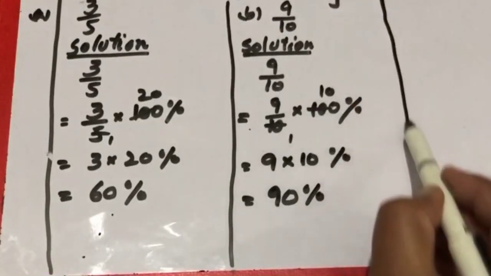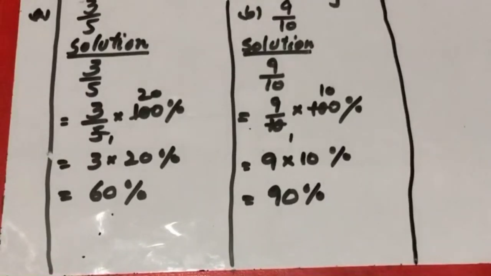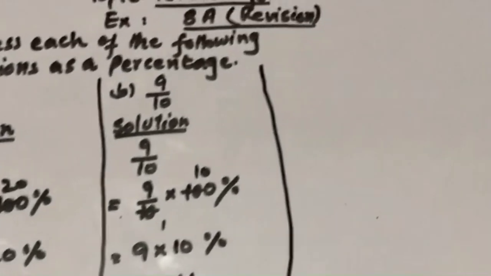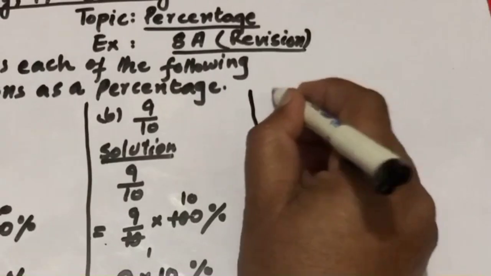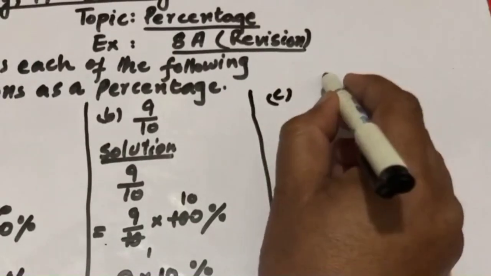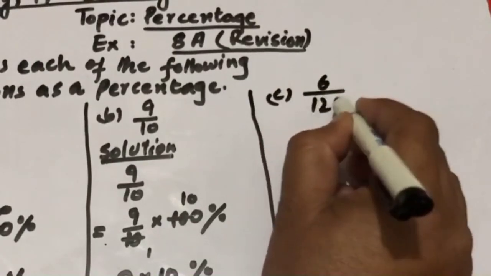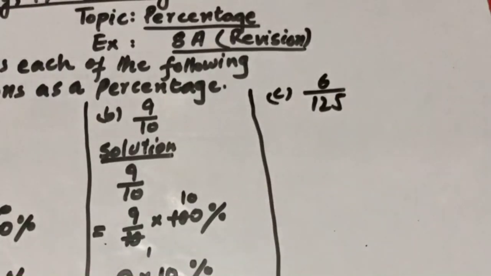Now we are going to solve the next part, which is C. The fraction is 6 over 125.